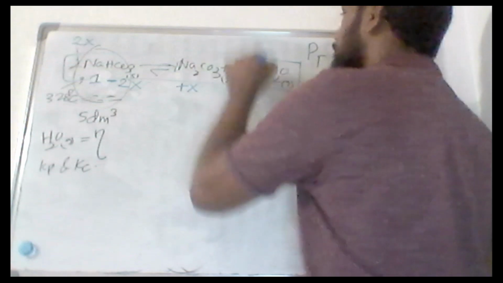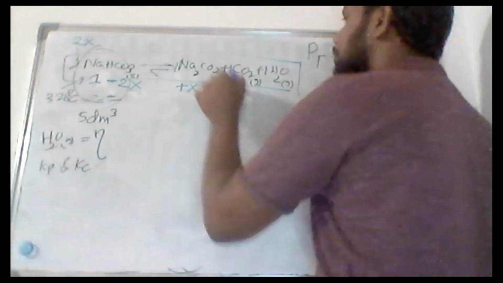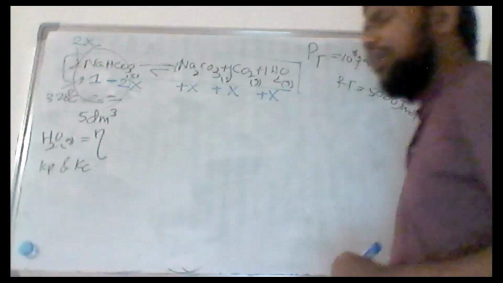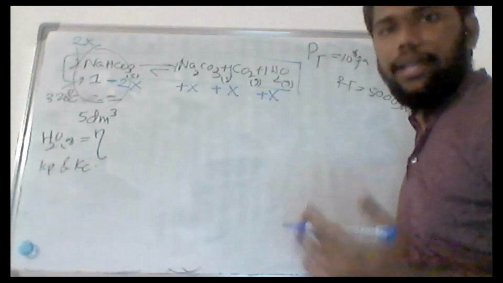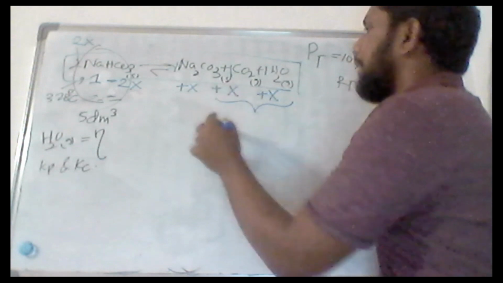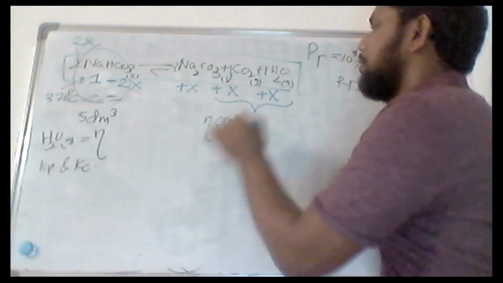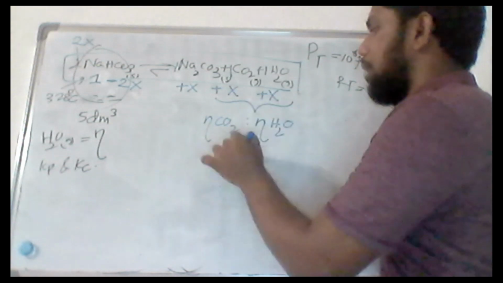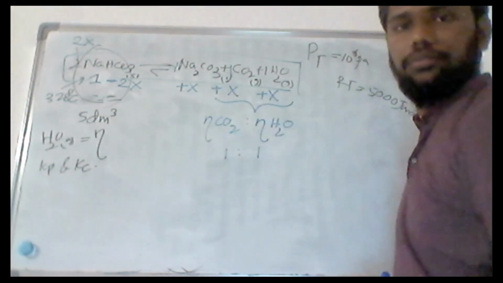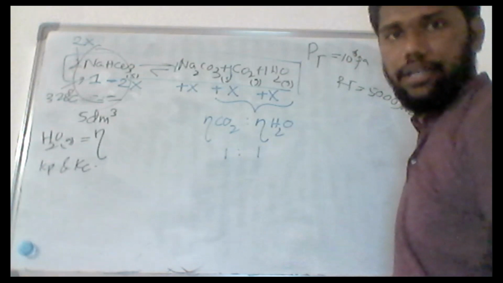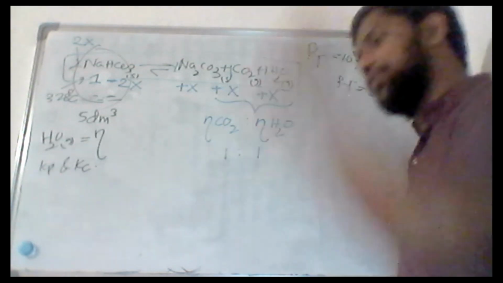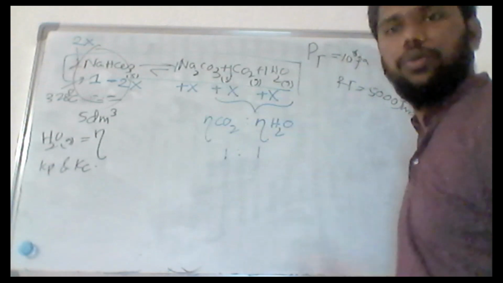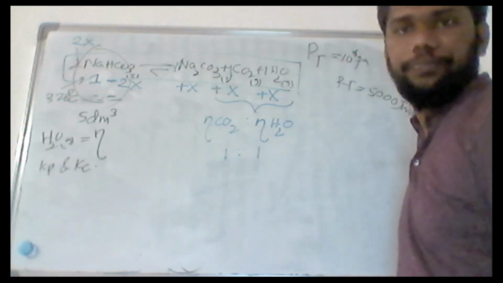And here also the stoichiometry is 1. So x will be formed, which gives you the idea that at equilibrium, the molar ratio of CO2 to H2O is 1:1. So the same amount of CO2 gas and the same amount of H2O gas is going to form at equilibrium.